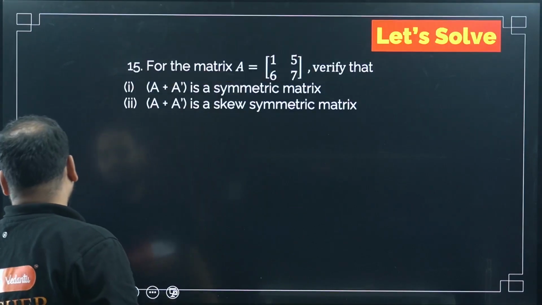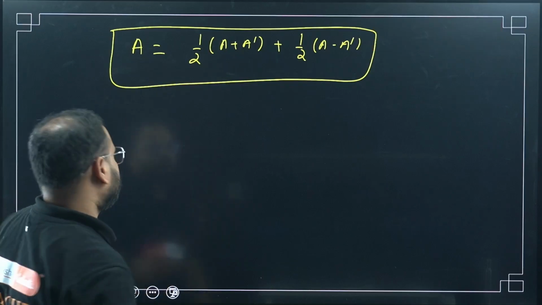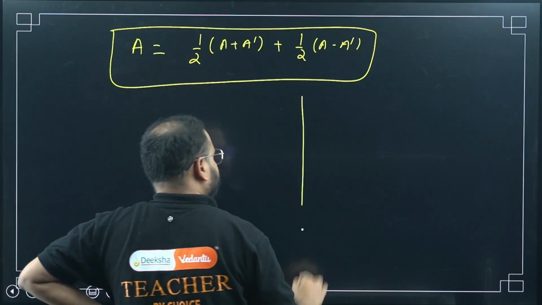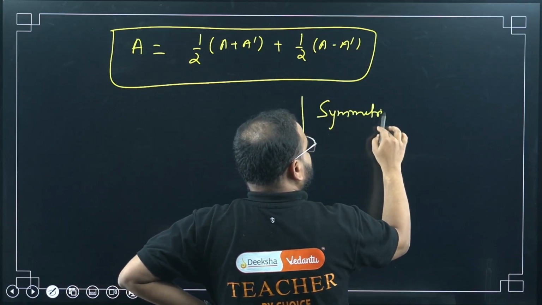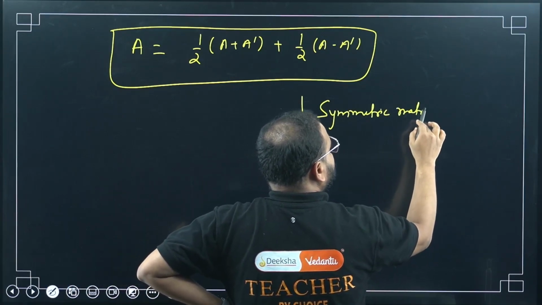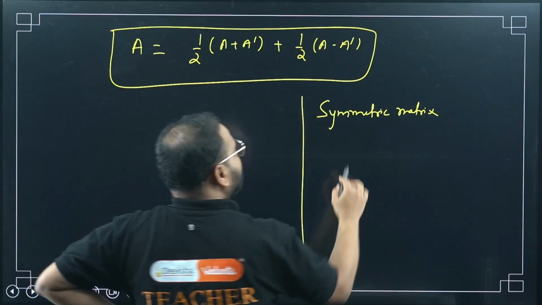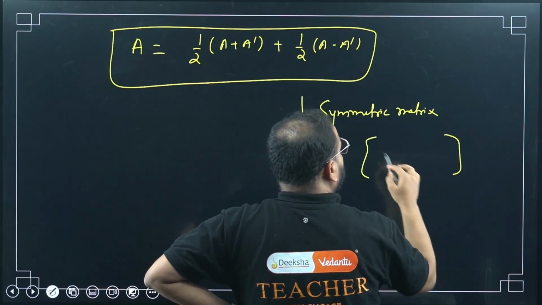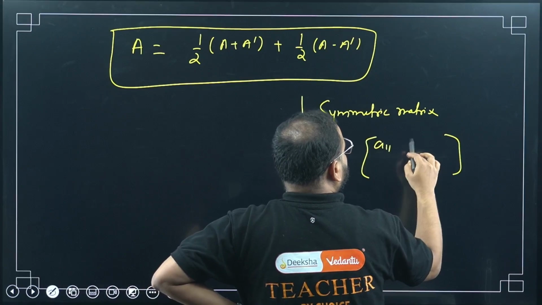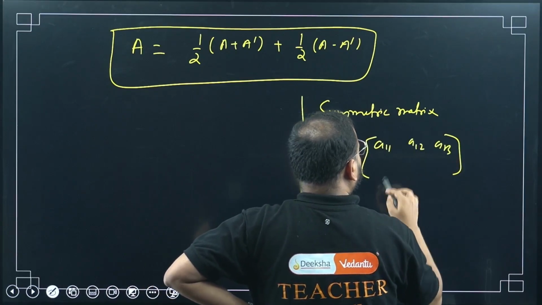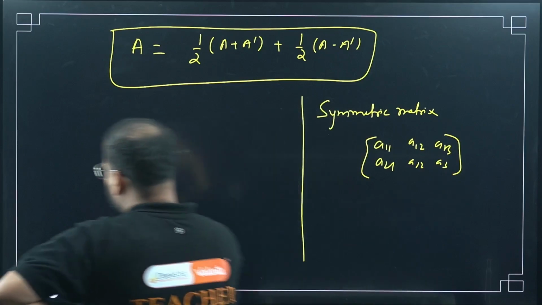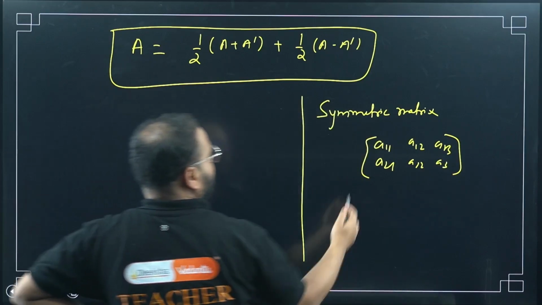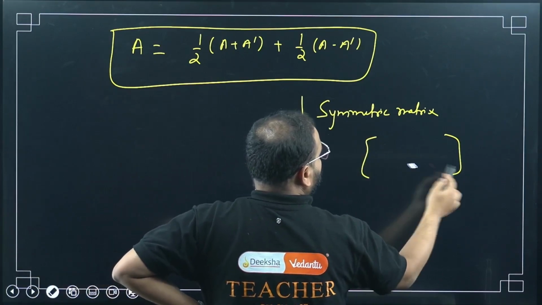One more thing. When can I call a matrix symmetric? Whenever in the matrix I have, let's say, A11, A12, A13, A21, A22, A23. One more thing: all these properties are valid for square matrices.